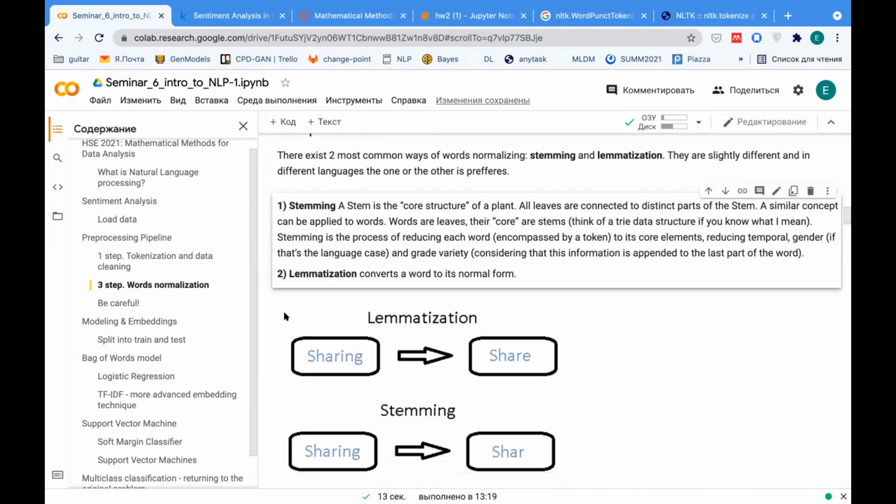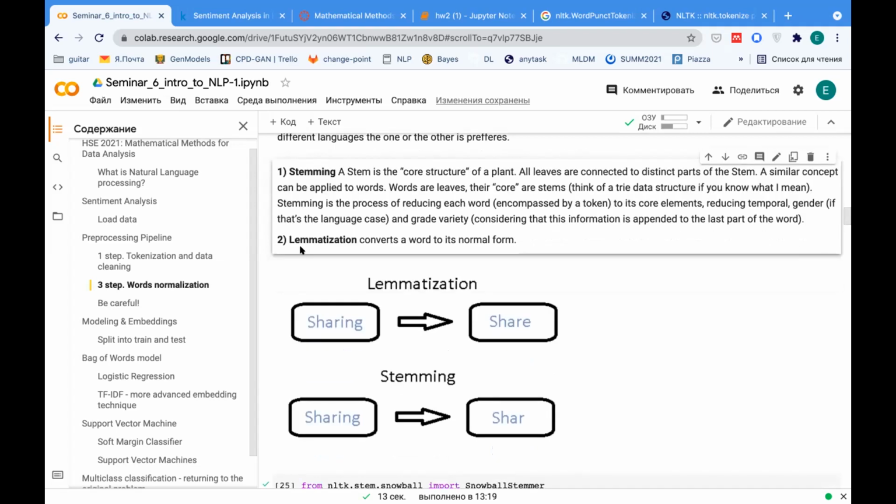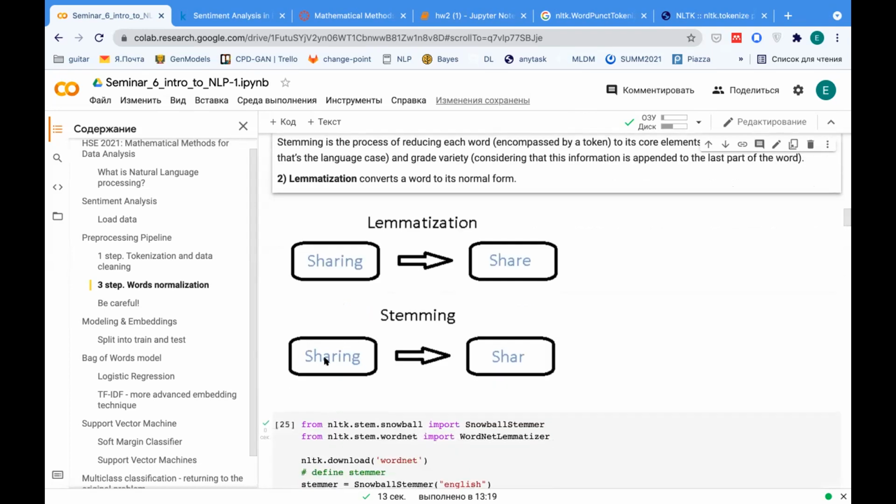The first is stemming. It's a very old technique. We just remove from the word everything that can be not suitable for our task. For example, if we look at some word, we just remove all the prefixes, all the suffixes, everything that can be not important, and just return something that is similar to the root of the word, but it can be not it.